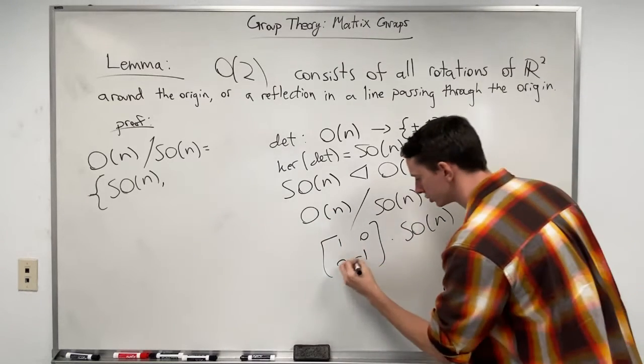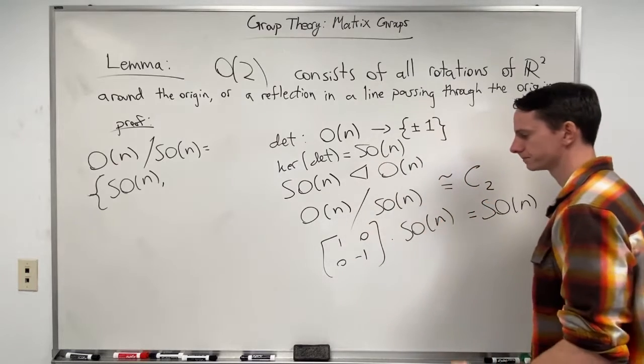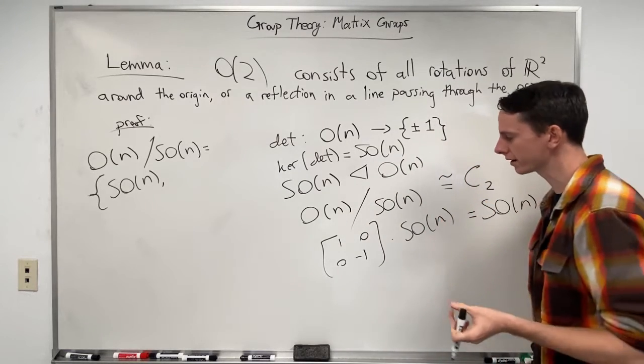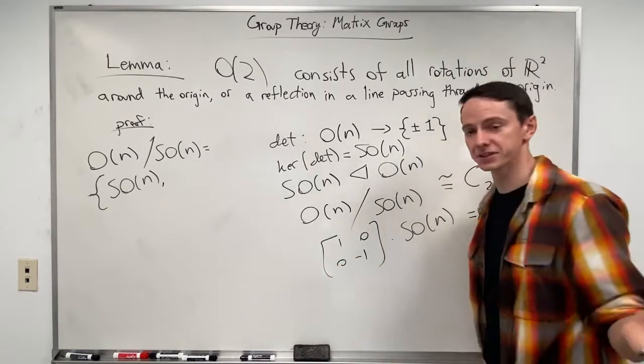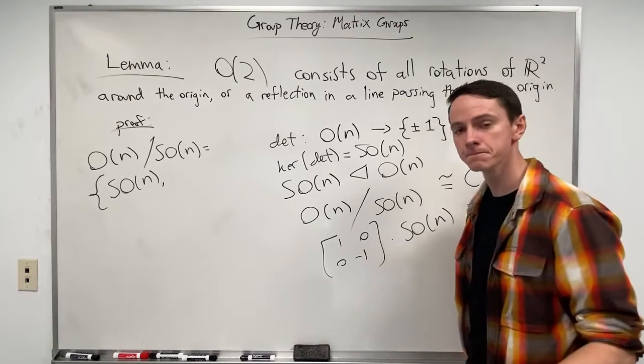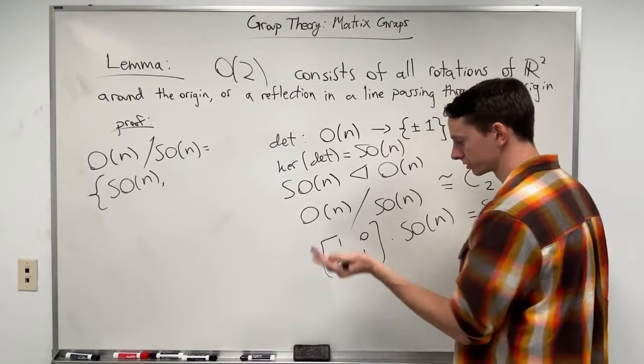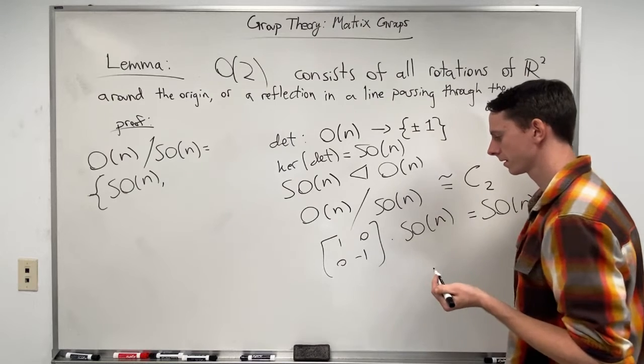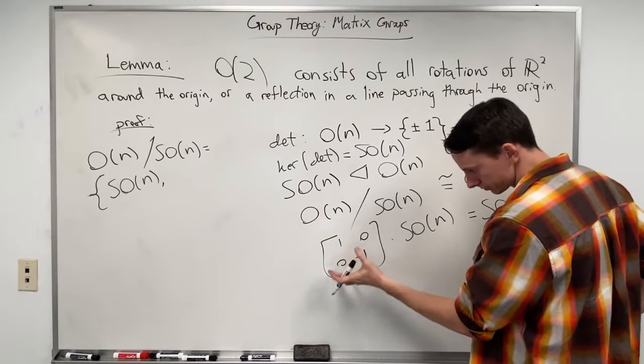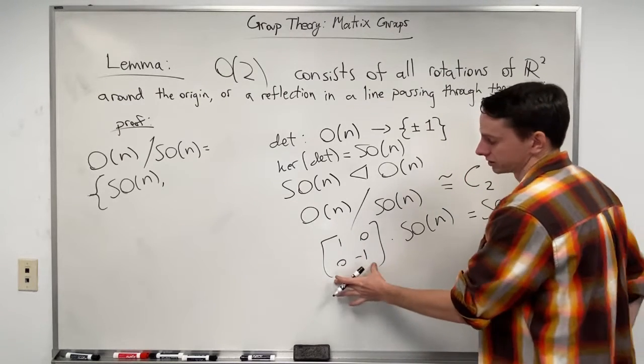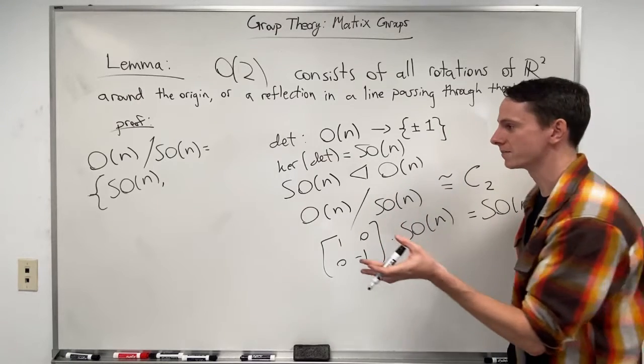We can do that by inducing a minus sign like this. The reason why is that the determinant of this matrix is negative 1: 1 times negative 1 minus 0 times 0 is negative 1. Therefore it's not in SON.